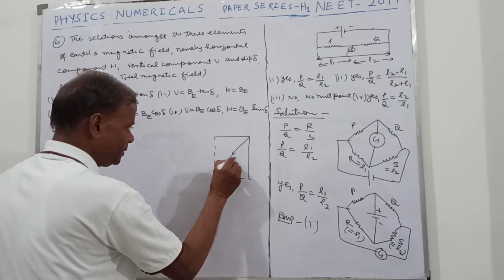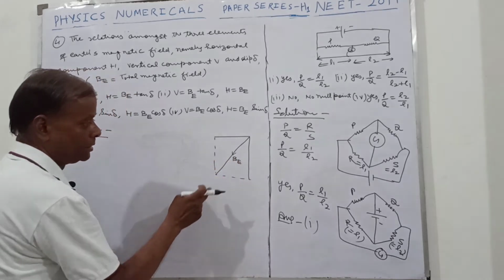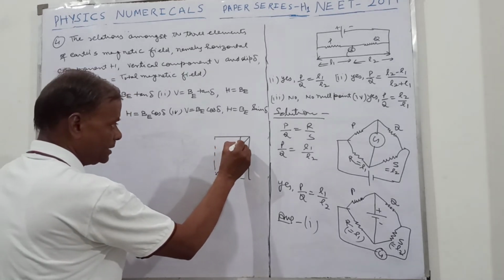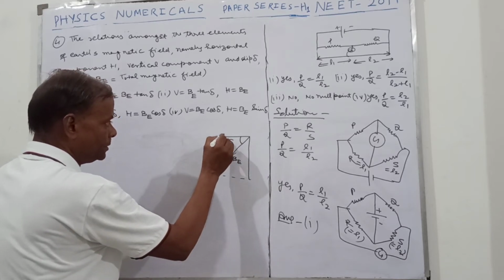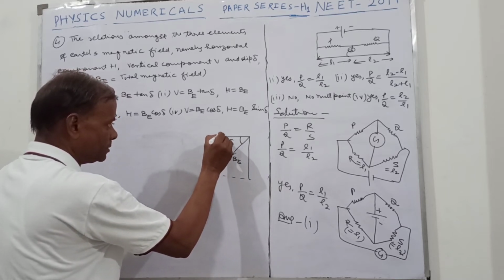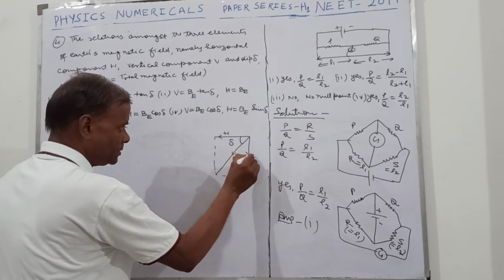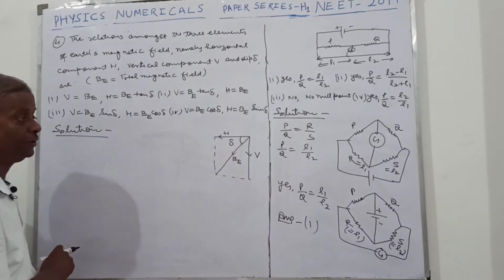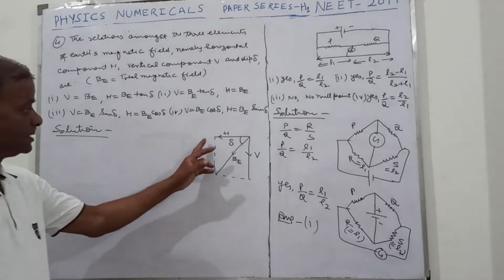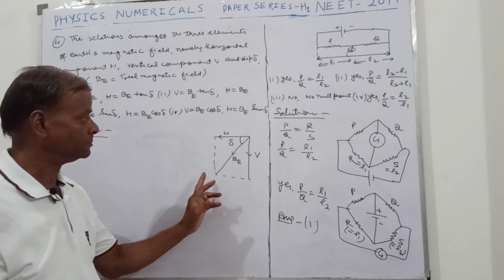This is BE, the total magnetic field. This is the angle of dip. This is the horizontal component H. This is the vertical component V. So now you can see that this is a right angle triangle.